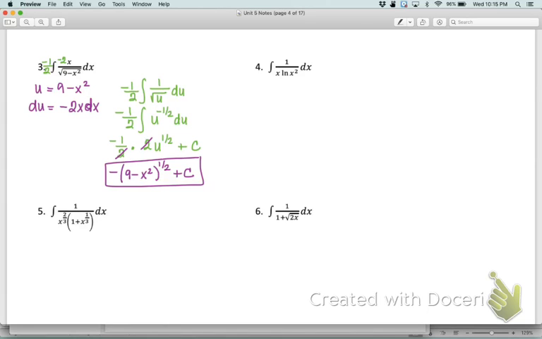So maybe I could choose to let u be x squared because that's inside the natural log. Now I'll warn you, that doesn't work either, so don't write that down. But here's how I know that doesn't work. If I let u equal x squared, then du equals 2x dx. That seems like it's going to work.